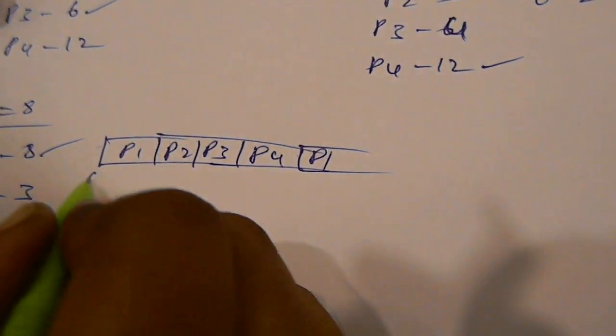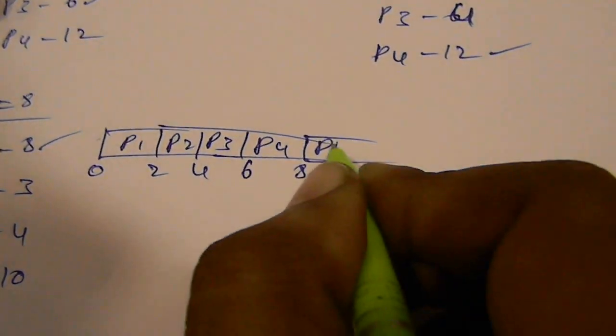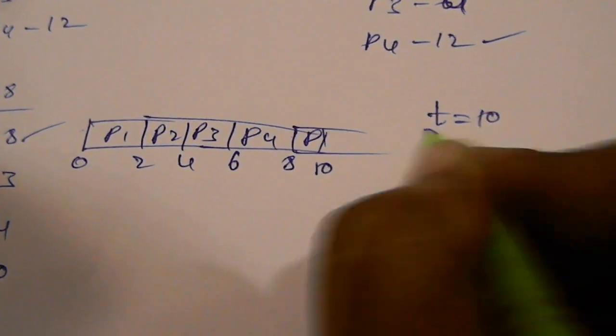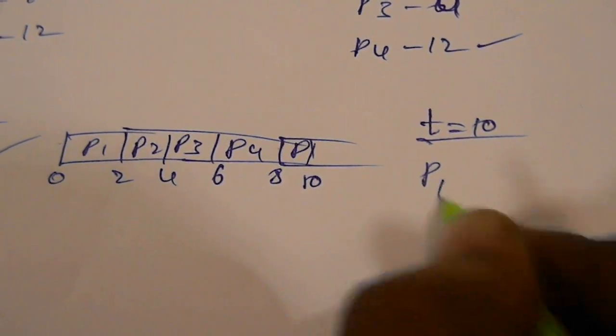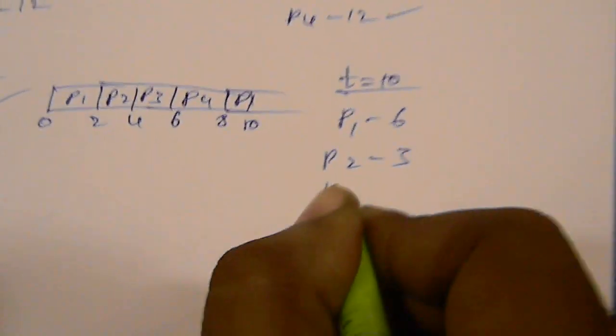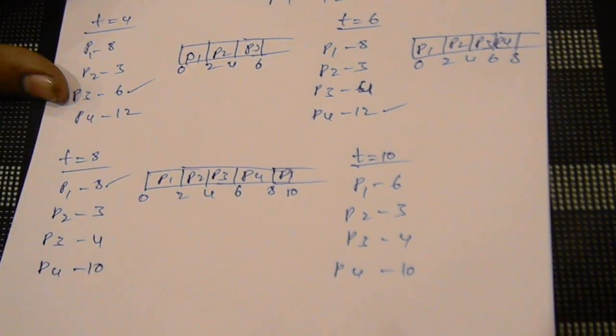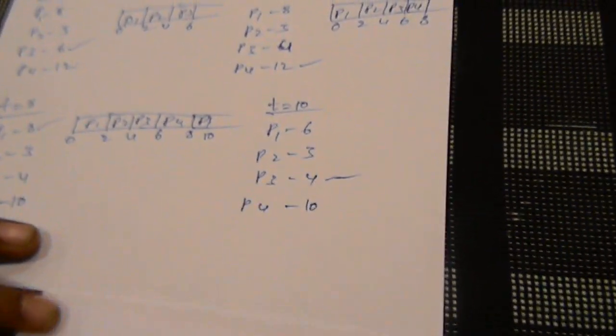P1 starts execution from 8 up to 10 milliseconds. At t equals 10 milliseconds, P1 with 6 milliseconds, P2 with 3 milliseconds, P3 with 4 milliseconds, P4 with 10 milliseconds. And now P2 starts execution.